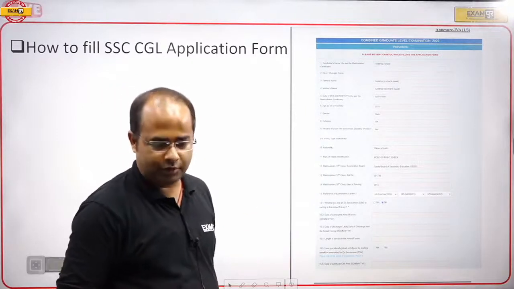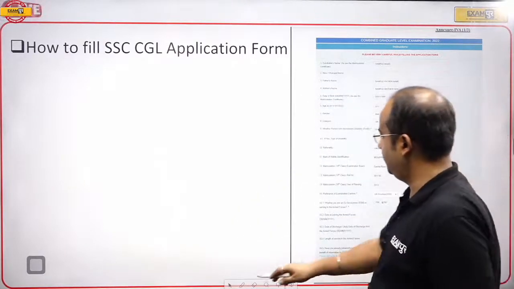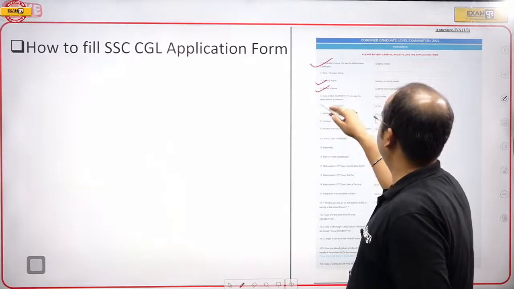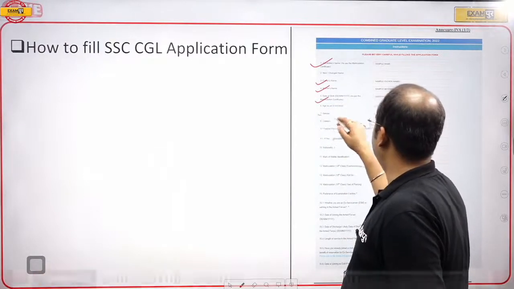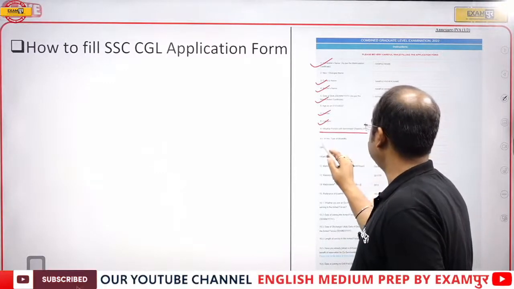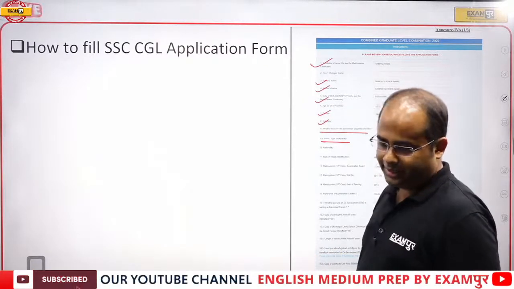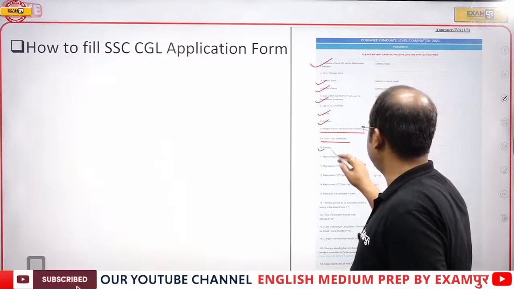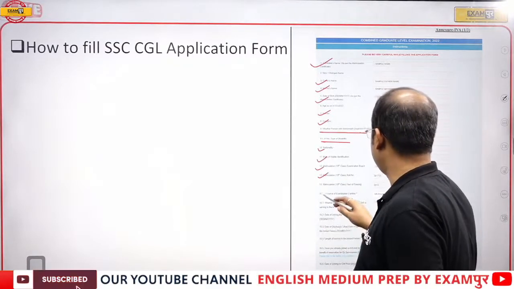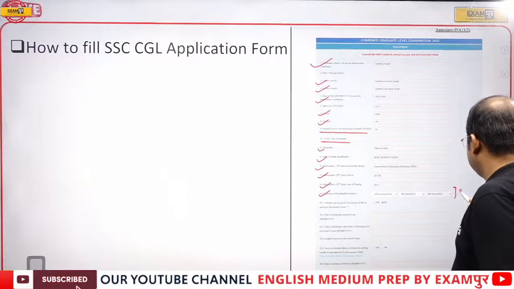Once you open the page of the online application, first of all, you have to fill the candidate's name, then new or name change, father's name, mother's name, date of birth, age that will calculate by its own, gender, category, then whether you belong to PWD or not, if yes, type of disability, then nationality, mark of visible identification, matriculation certificate, roll number, year of passing, percent, and the preference of the exam center, three preferences.